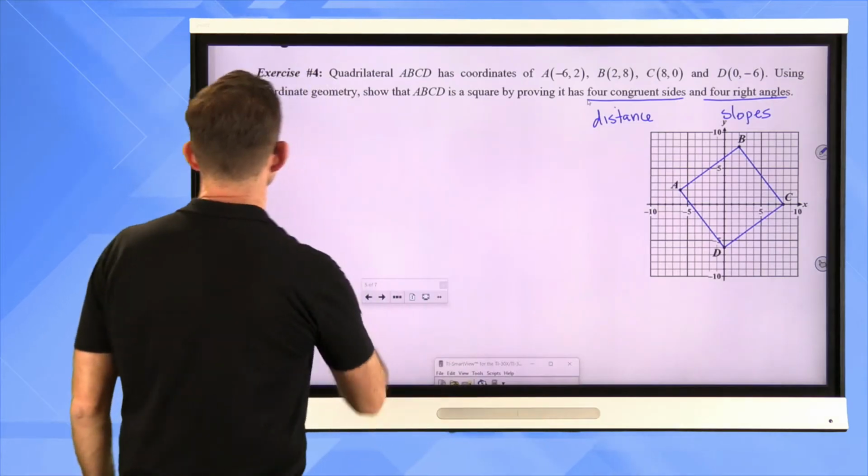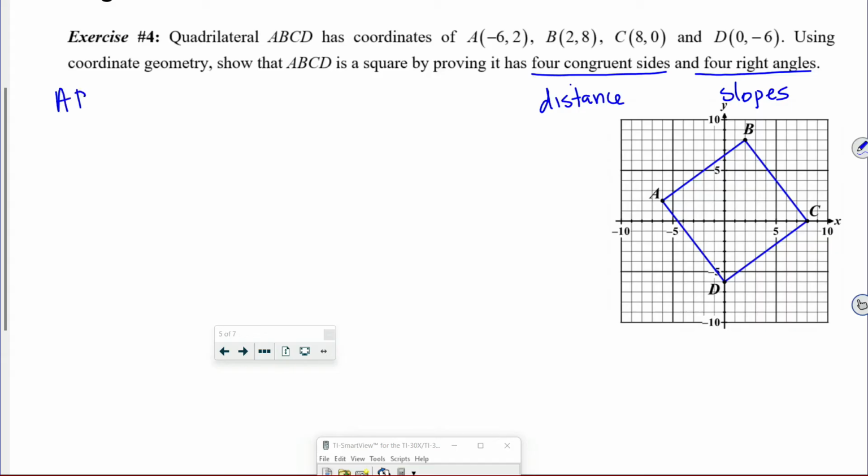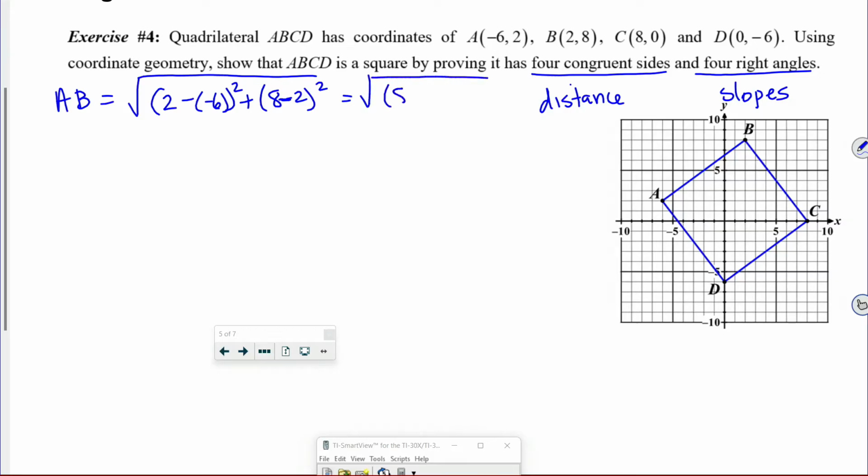So first things first, I'm going to figure out the length of side AB. Here we go, the square root of (2 minus negative 6) squared plus (8 minus 2) squared. That looks like a division symbol. It's not supposed to be. All right, that gives me the square root of 8 squared plus 6 squared.